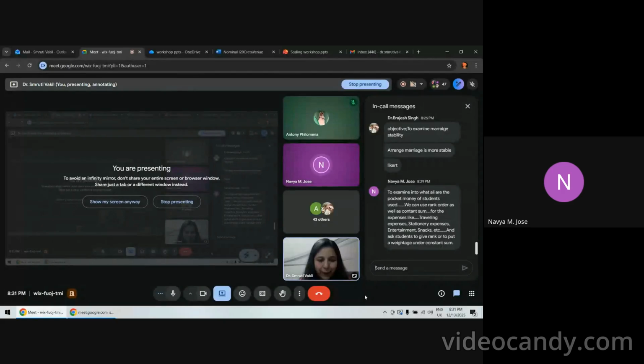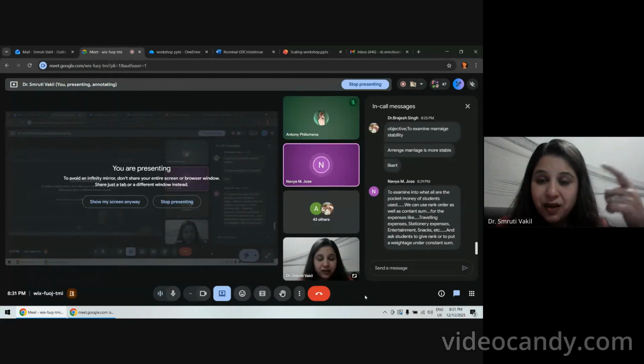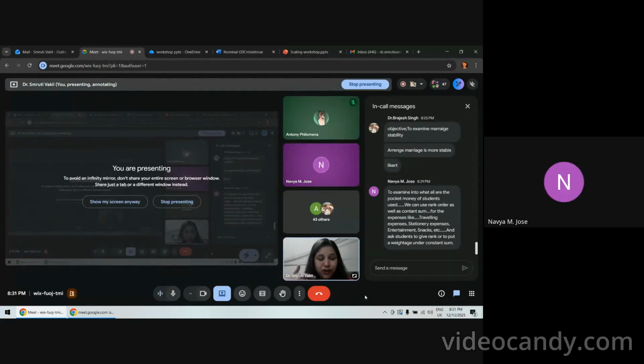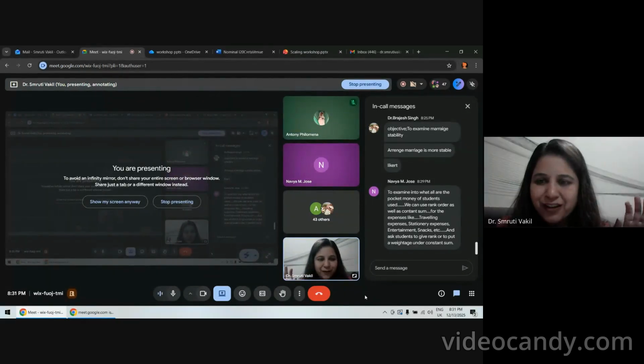If I take constant sum as a scaling technique, out of 100 they might give 30 for traveling, 30 for stationery, 20 for entertainment, but the total has to be 100. Perfect, Navya. You have understood well.